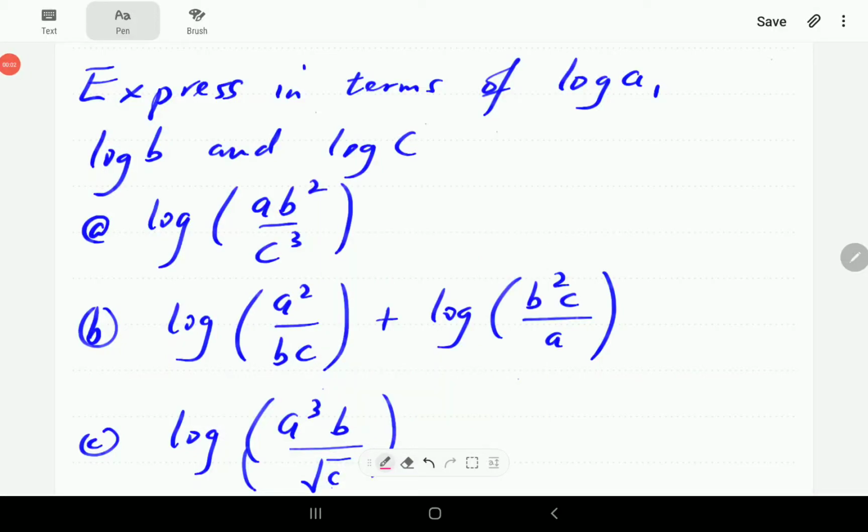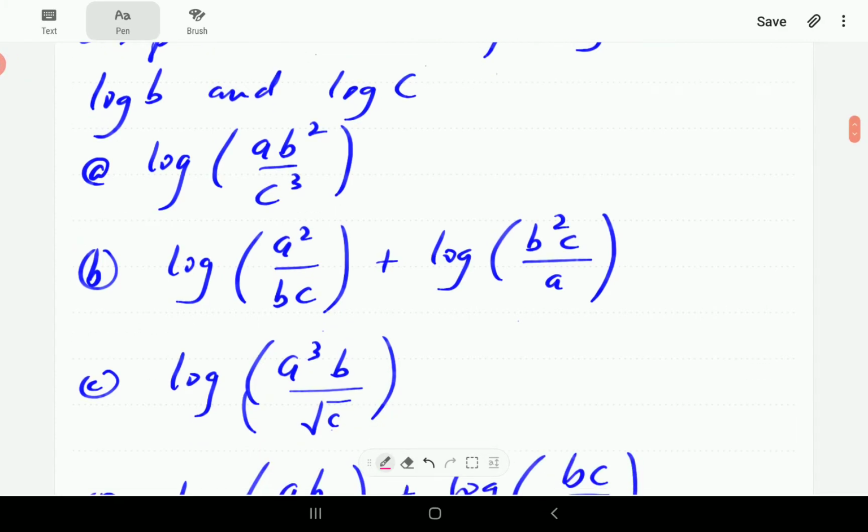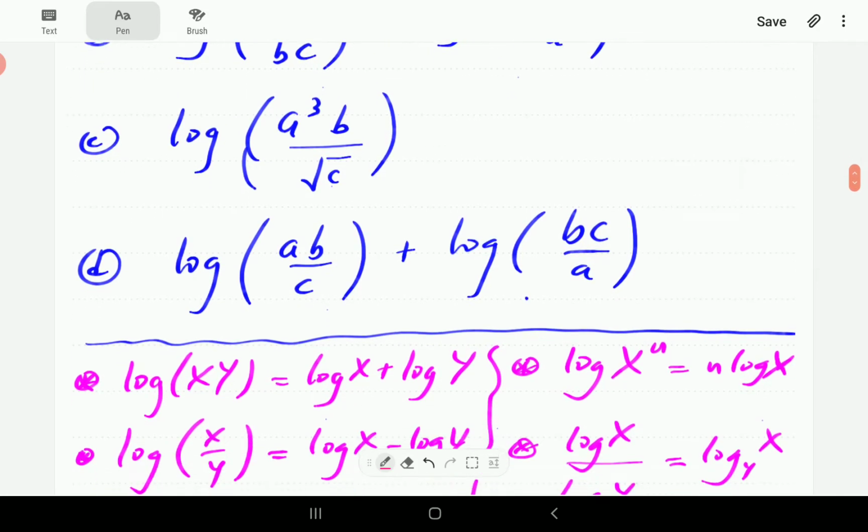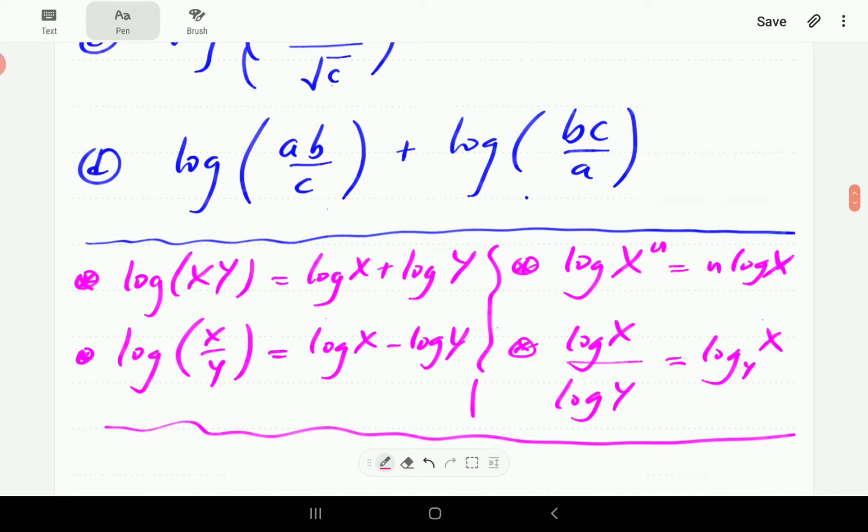Okay, in this video we're going to see how to expand logarithms by working through some examples. In this set of examples, we're given one or two terms, and the objective is to express them in terms of log A, log B, and log C. We're going to achieve this via the logarithmic properties or laws of logarithms, which we looked at in an earlier video.